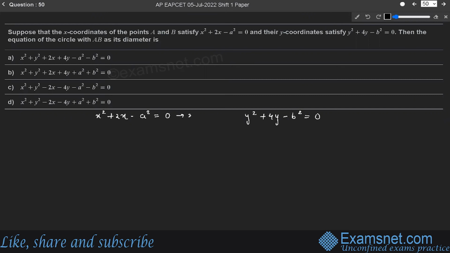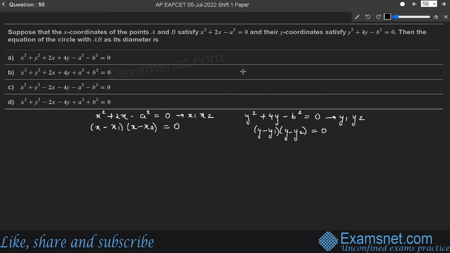Let the roots here be x1 and x2. Therefore, the equation can be written as (x minus x1)(x minus x2) is equal to 0. Similarly, for the second equation, which is y square plus 4y minus b square is equal to 0, let the roots be y1 and y2. Therefore, it becomes (y minus y1)(y minus y2) is equal to 0.